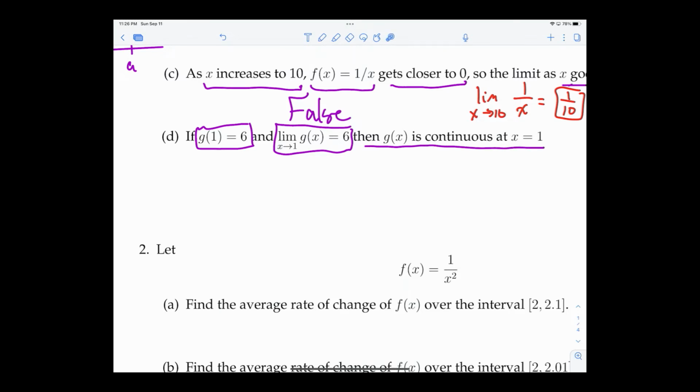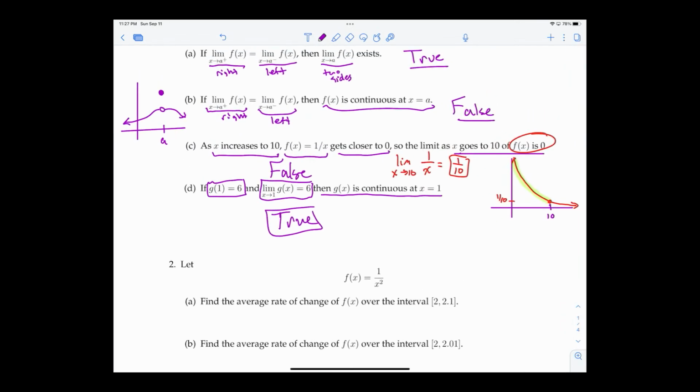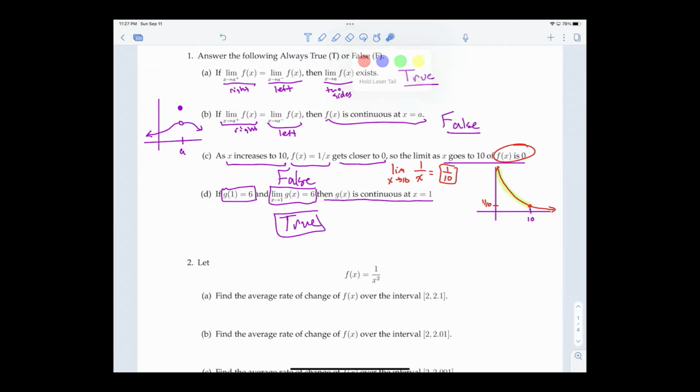Yes, when the limit and the function value are equal, that's the definition of continuity. True. The function value is what was missing from B. So we got true, false, false, true.